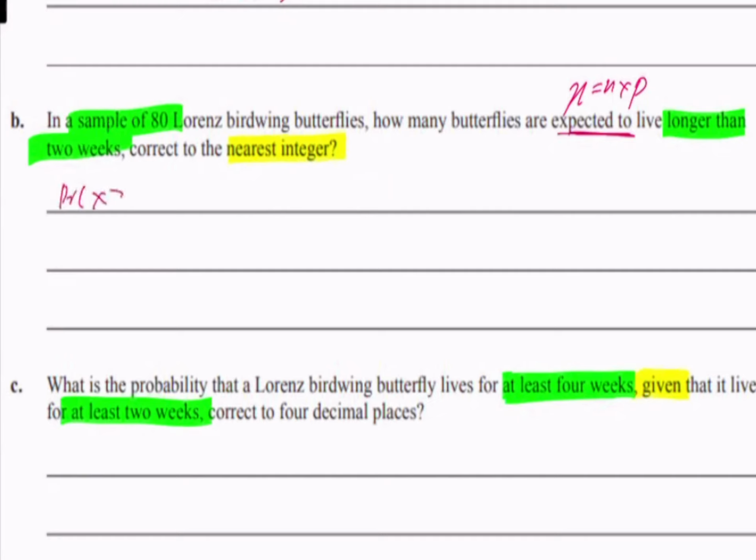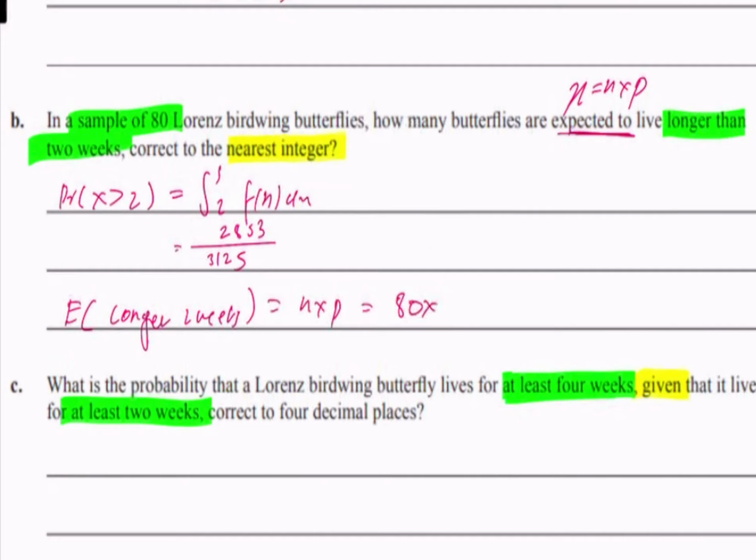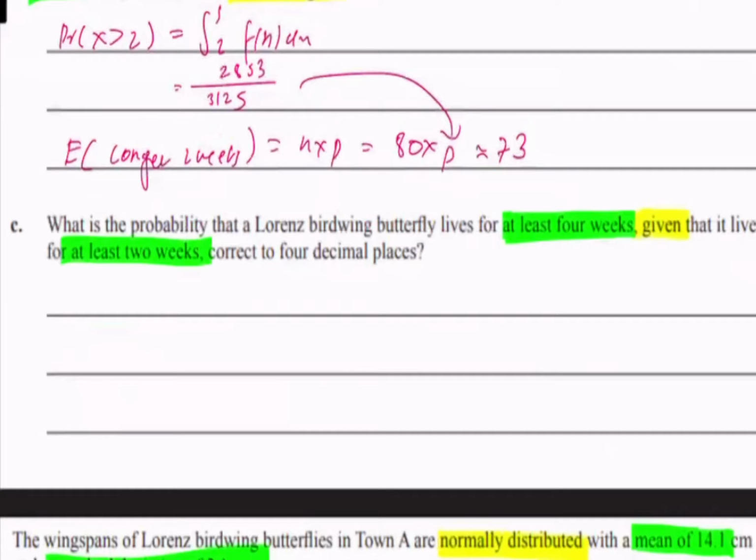The probability that x is greater than 2 is integration between 5 and 2 of f(x) dx, which is 2853 on 3125. So the expected value longer than 2 weeks is going to be n times p, so 80 times this value here, I'll just call it p. And the closest integer is 73 because you can't have a decimal value of a living thing.